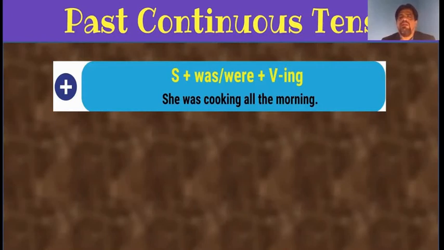Here we see a positive past continuous tense. This is the form of the positive past continuous: subject plus was, either was or were, don't use both, plus the ing form of the verb.